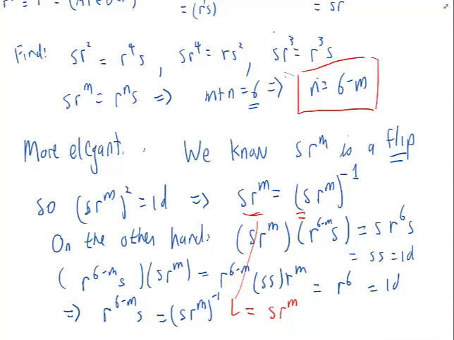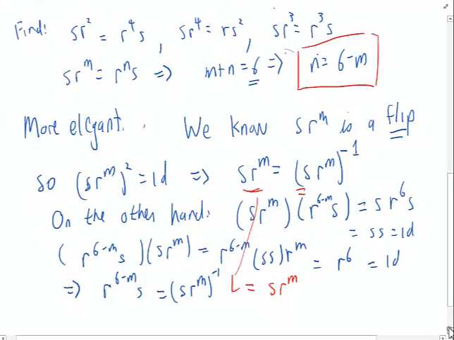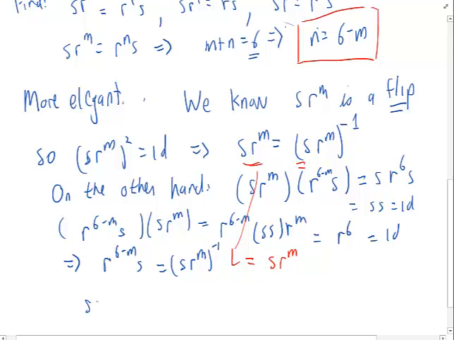So that tells me my relationship. Okay, so r to the n s equals sr to the m if and only if n equals 6 minus m. Same result, but a more elegant way.